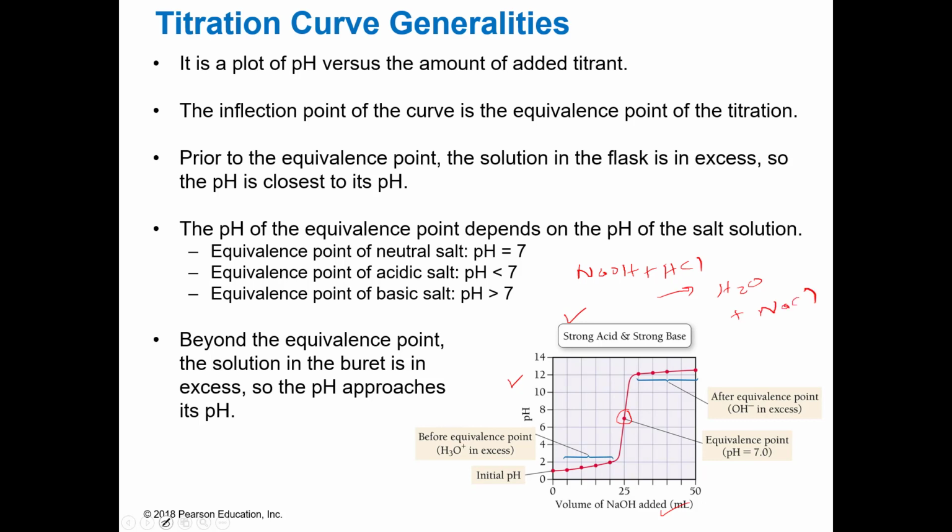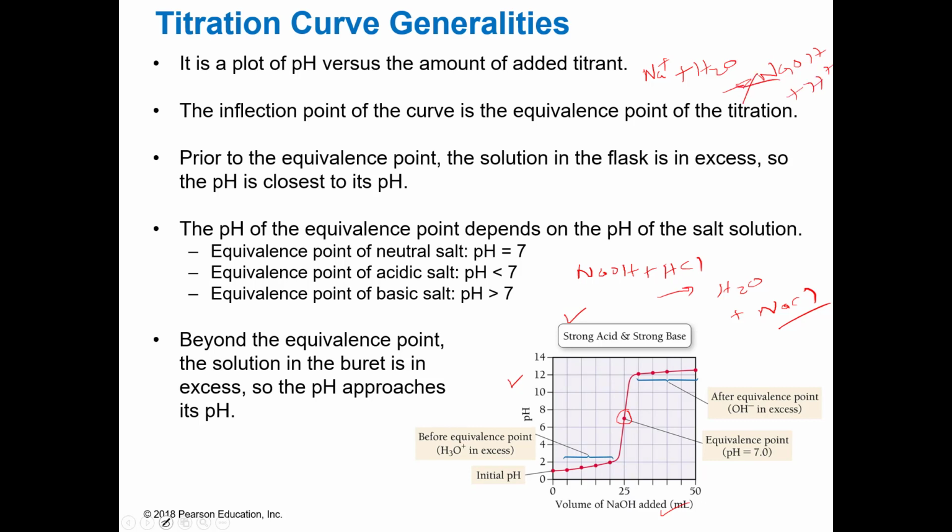And this is the part that you have to know from prior knowledge, and that is sodium chloride is a neutral salt. The sodium ion does not undergo hydrolysis with water. What I mean by that is that the sodium ion does not react with water and form sodium hydroxide plus hydrogen ion. That does not happen.